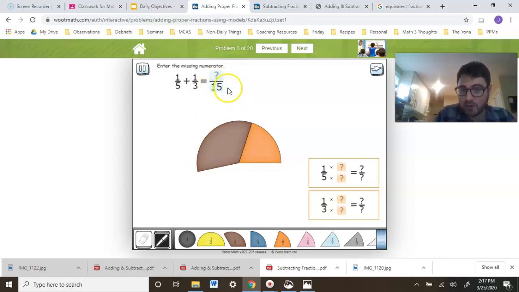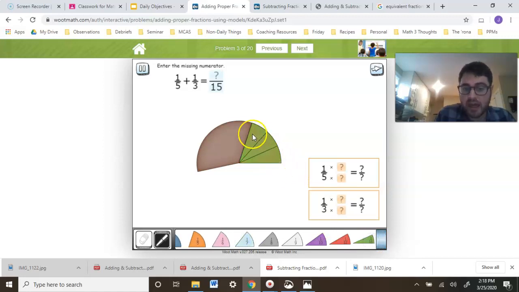Here, the denominator would be 15. Now, I'm going to just trust them and say, okay, I see that this is 15. So I'm going to grab 1, 2, and 3. Look at that. On top of 1/5, remember 1/5 was orange, I actually needed 3/15.